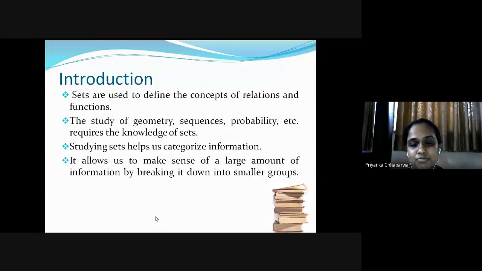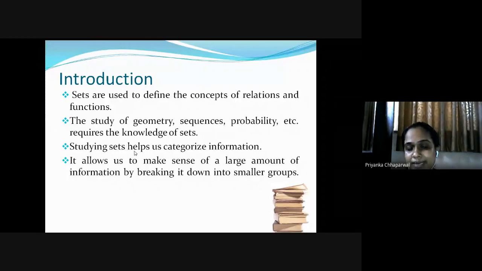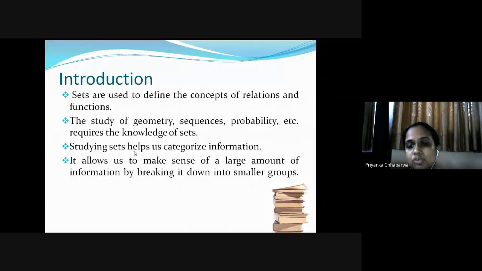Second, in any branch of mathematics like geometry, sequences, probability, and statistics, we require the knowledge of sets. Set theory also helps us categorize information. When we have a large amount of data, by using set theory we can break it down into small groups.